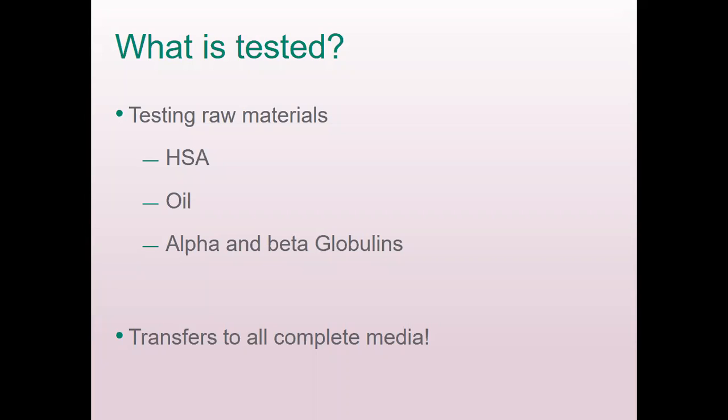Right now, we're just doing it in our lab, using it to test the raw materials, which includes the proteins, HSA and alpha beta globulin, and also the raw material oil. So this will also transfer to all the complete media with protein supplemented.